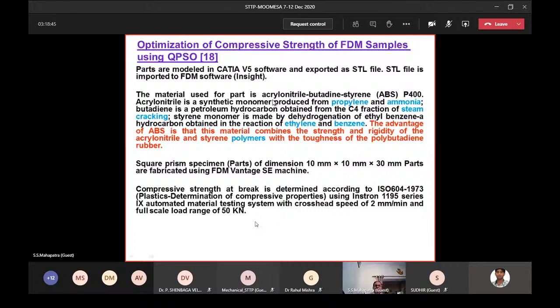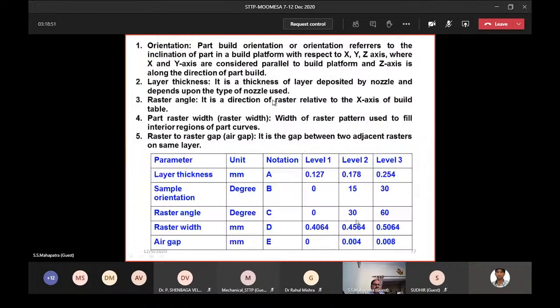Okay, so now the parameters that we considered here are, first, the layer thickness. The thickness of the layer depends on the type of nozzle, or the diameter of the nozzle that is used. There are three levels possible: 0.127, 0.178 and 0.254.